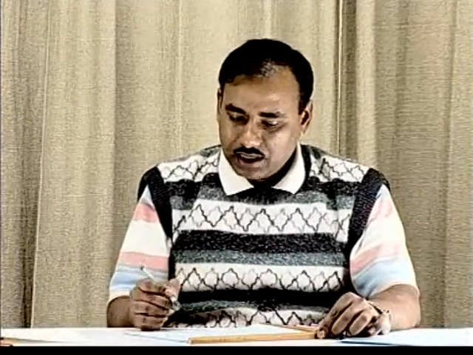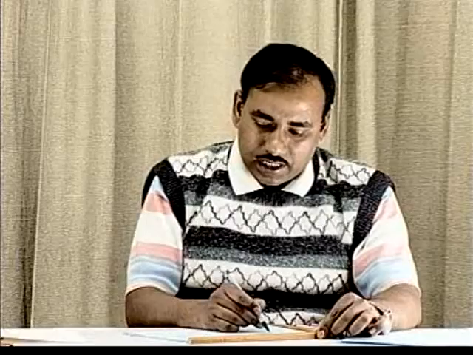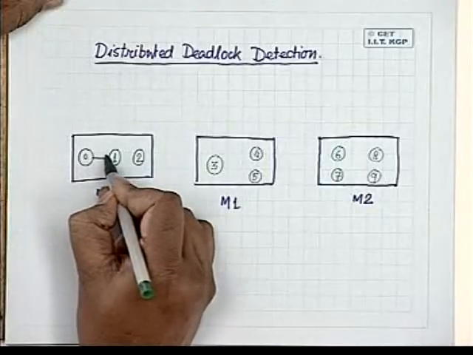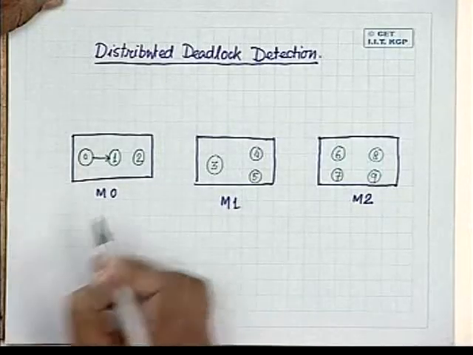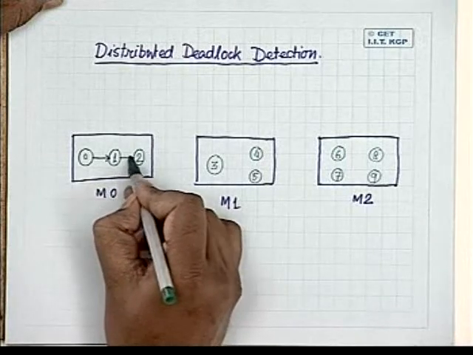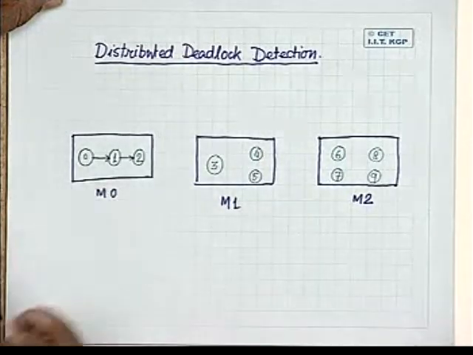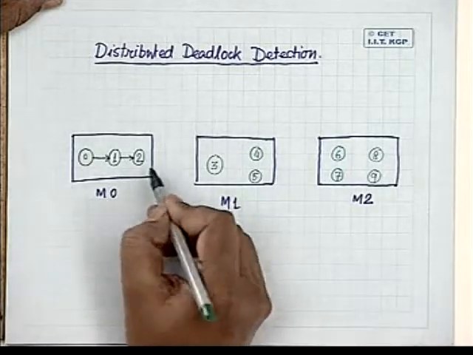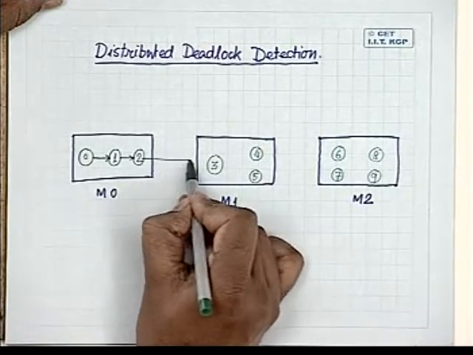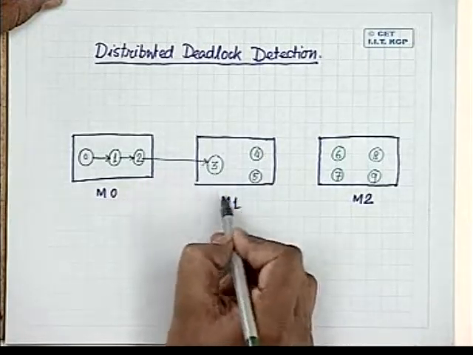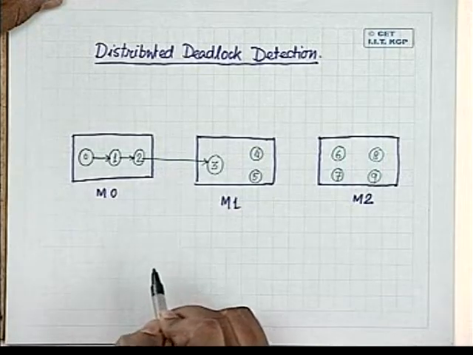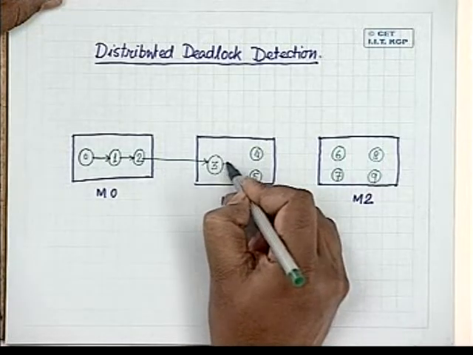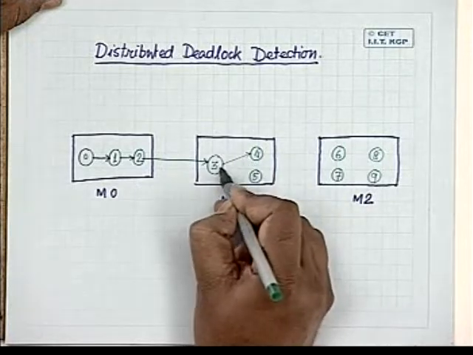At a particular instant of time, we can have a situation like this: process 0 is waiting for process 1, which is waiting for process 2, and all these are in the same machine. Process 2 may be waiting for process 3, which is in machine number 1. Process 3 may be waiting for both process 4 and process 5.